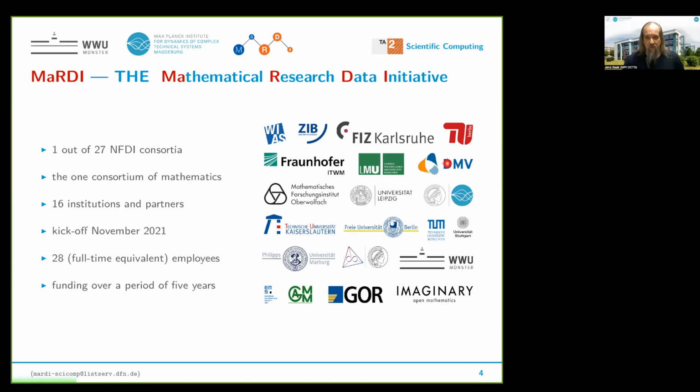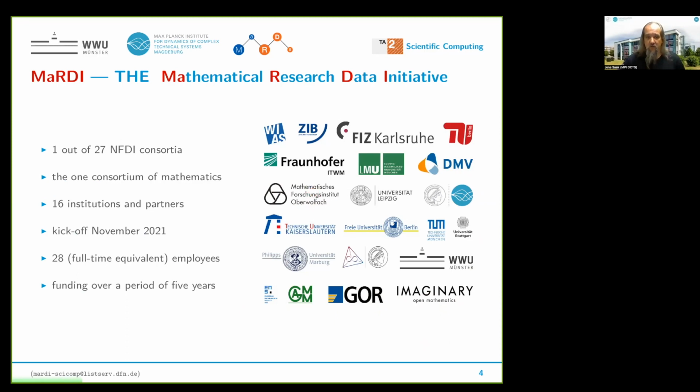Among the partners are the German Mathematical Union, the International Association of Applied Mathematics and Mechanics, the Operations Research Association, Imaginary, a non-profit organization featuring open and interactive mathematics, and also the Mathematical Research Institute in Oberwolfach.